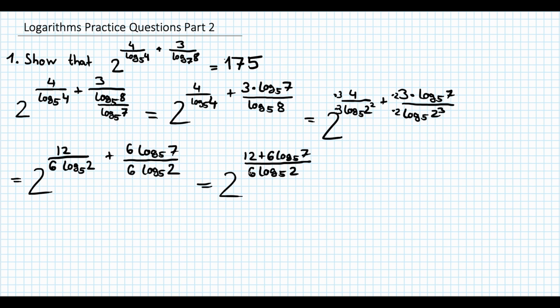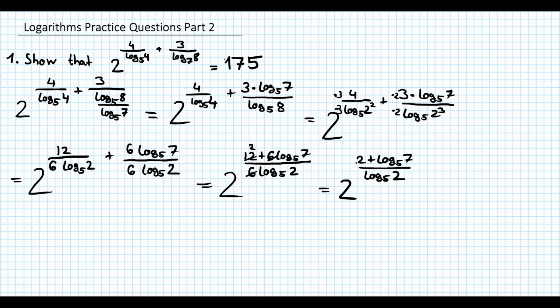And now we can just divide these two here by 6. Simplify it and we'll be left with 2 to the power of 2 plus log base 5 of 7 divided by log base 5 of 2.